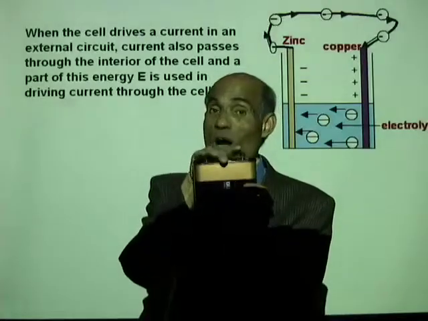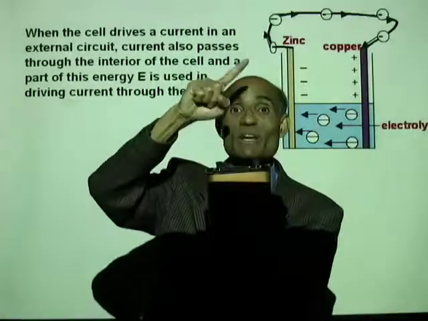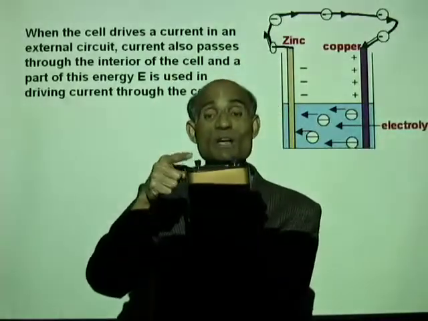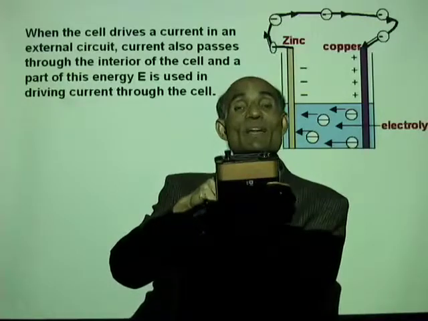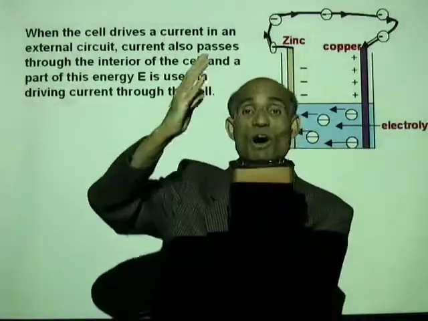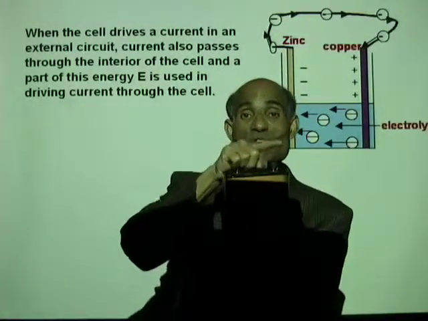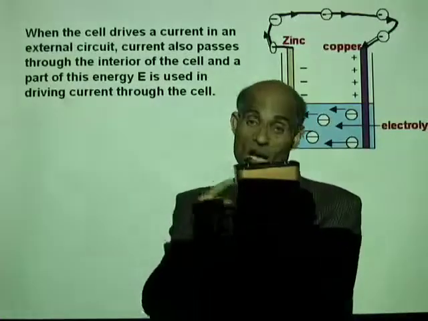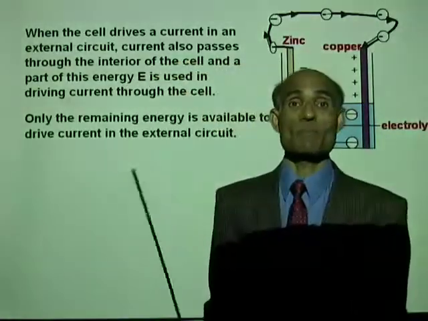That means when current flows, energy is used to drive current externally through the conductor and also internally through the cell. The electromotive force is actually the sum of the two energies, the energy available to drive current externally and also internally.